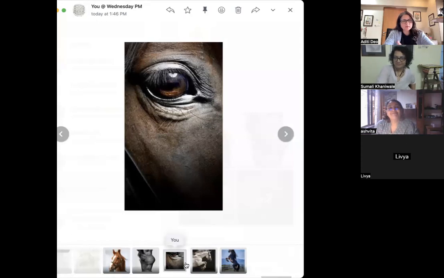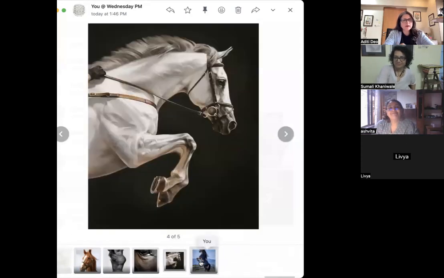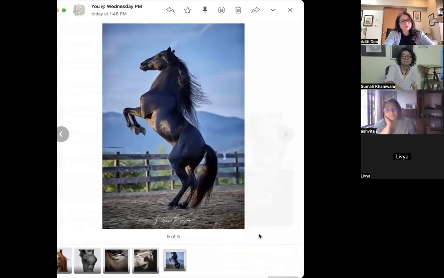So these are close-up images. Then you have half of the horse. Now, this is in itself an illustration. I don't usually go for illustrations, but this was such a beautiful posture that I thought we could try making this one. And this is the full horse, again, fully reared, rearing its head, looks very beautiful.